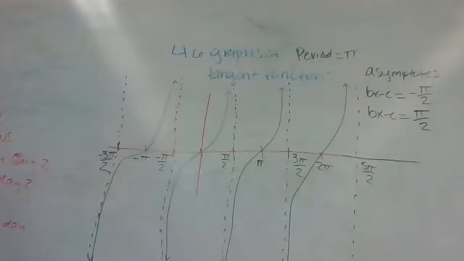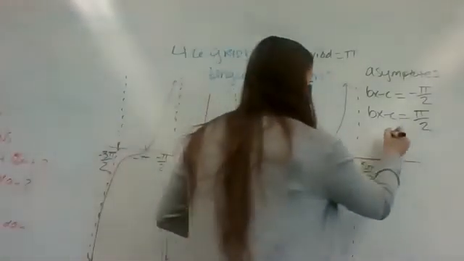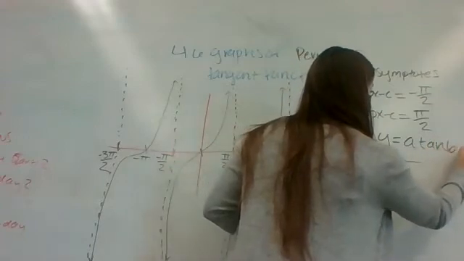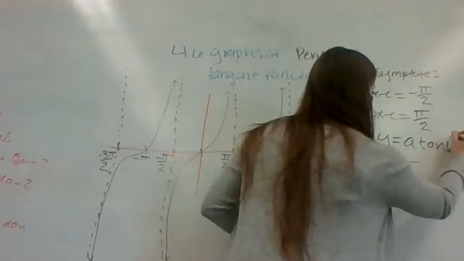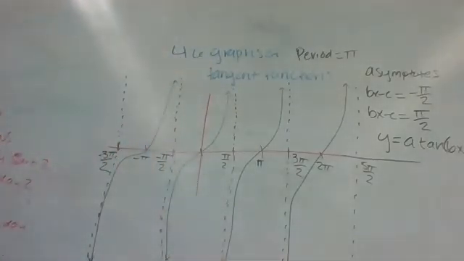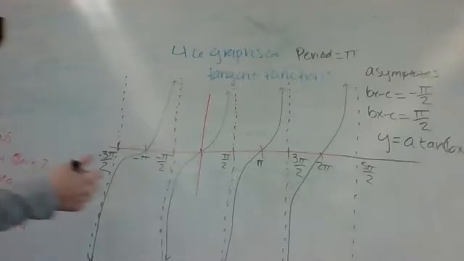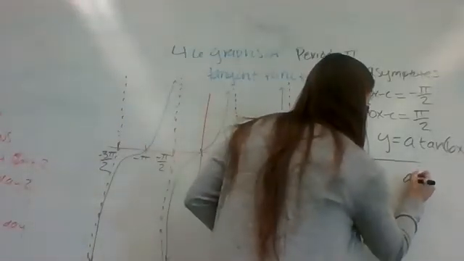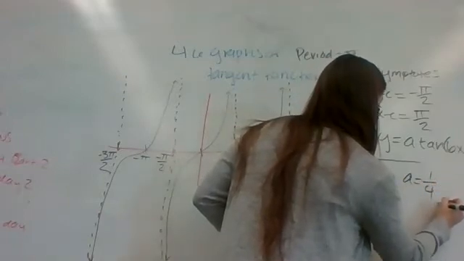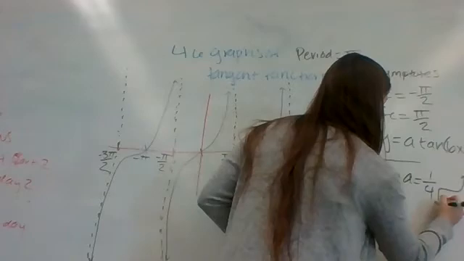Your a value, so again, your tangent function would be y equals a tangent bx minus c. Your a value essentially changes the curve of the tangent. For example, if your a equals something like 1 over 4, it's going to come up and take a really sharp curve.